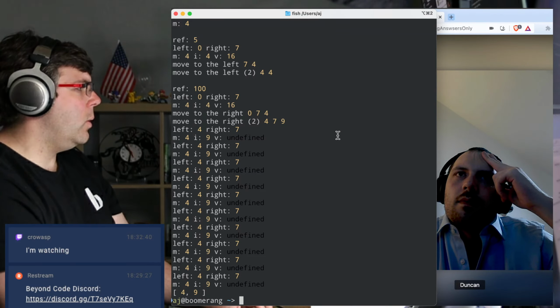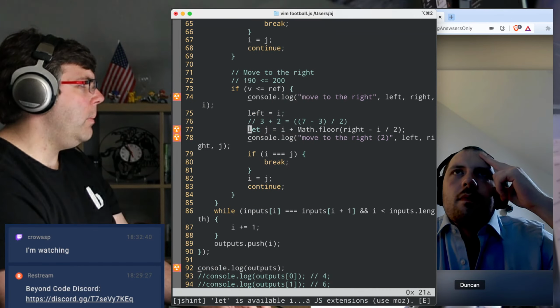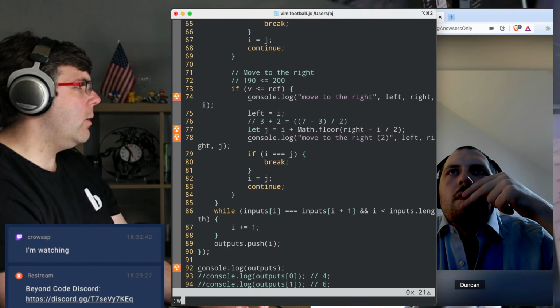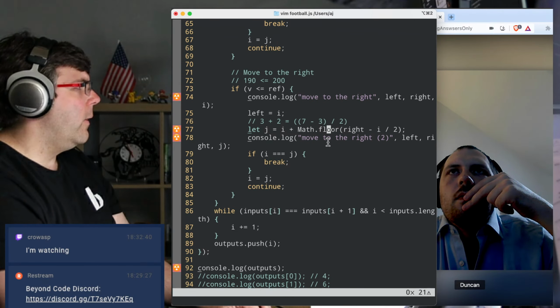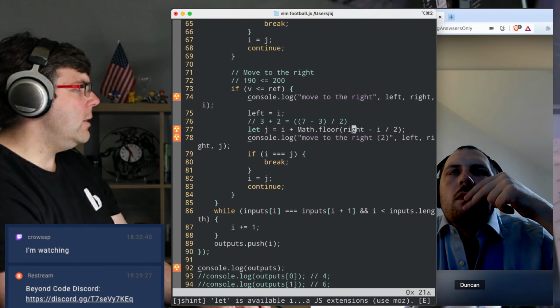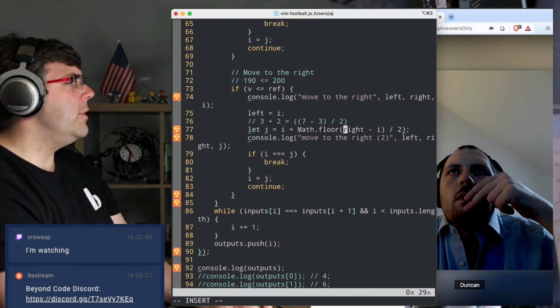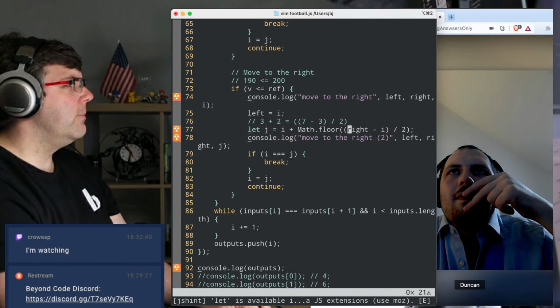J is wrong. So my math is just wrong here. Help me figure this out. What did I do so incredibly wrong here? Right is 7, minus 4 is 3. Oh, parentheses, order of operations. That was it.